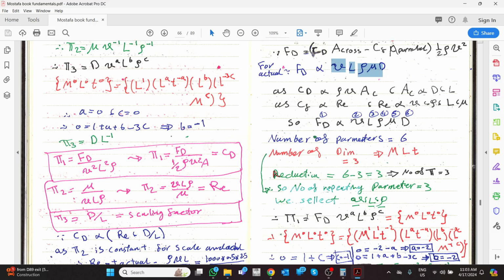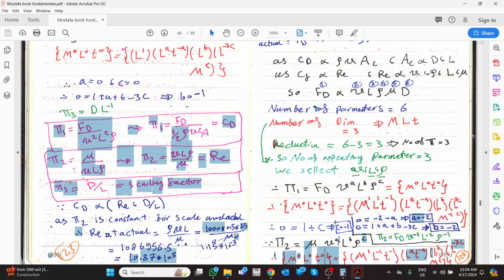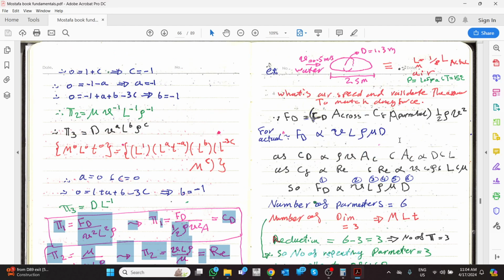The first parameter, or primary parameter, multiplies the repeating parameters. Then the second parameter, multiplied by the repeating parameters, and so on.